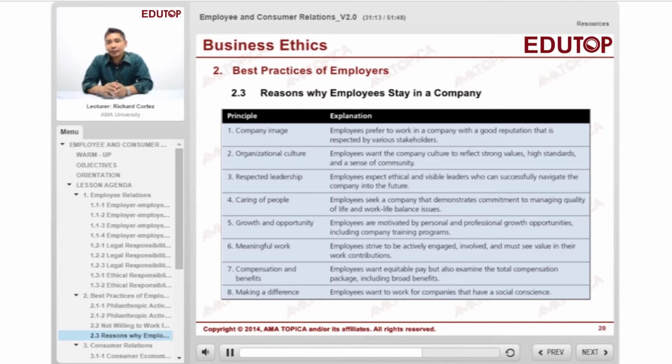So it is not always the salary that will decide whether an employee will stay or not in a certain company. And of course, number eight, making a difference. If the company has a unique setup or innovative ways of doing things, employees will stay. Okay, so number one, firstly, you should have a good company image to attract employees to stay in your company.